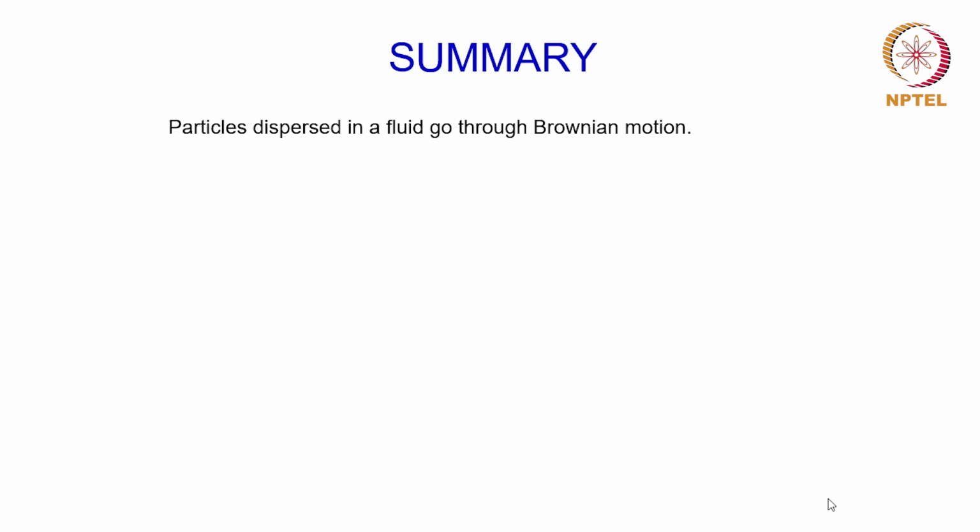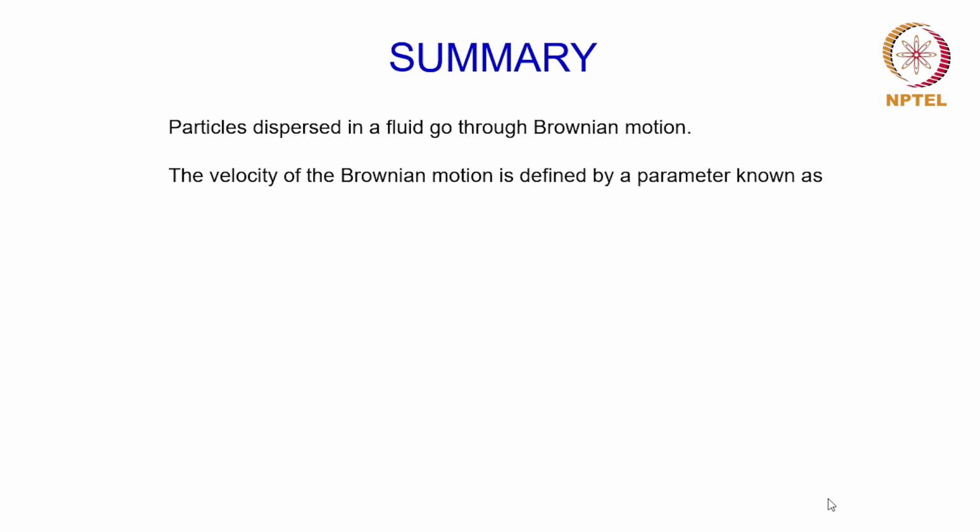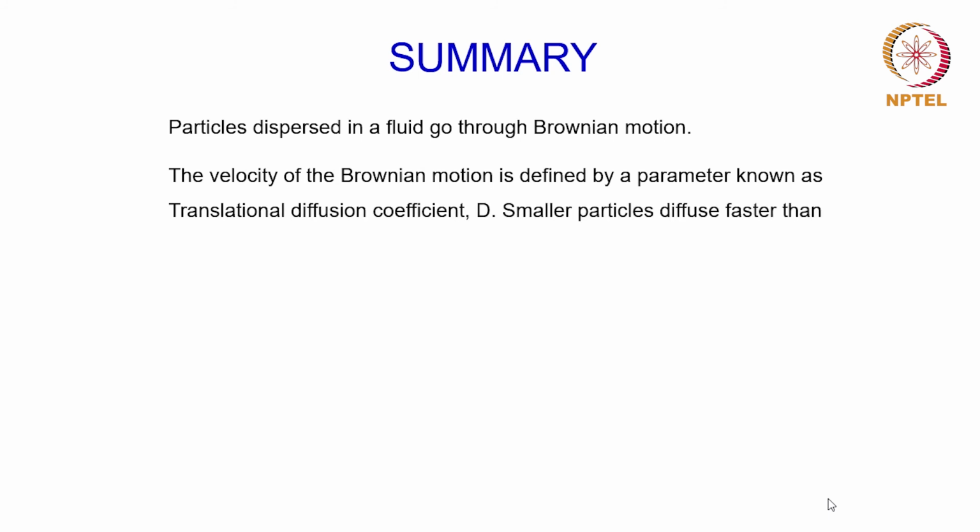So today we have learned that particles dispersed in a fluid go through the Brownian motion, and the Brownian motion of the particles plays a very important role in the DLS technique. The velocity of Brownian motion is defined by a parameter known as translational diffusion coefficient, and we have also seen that smaller particles diffuse faster than the bigger particles.